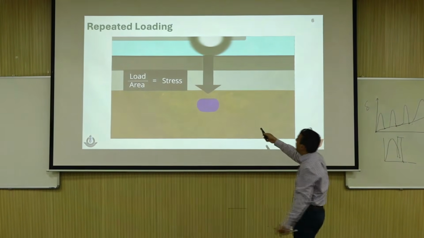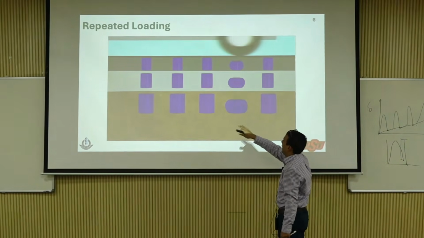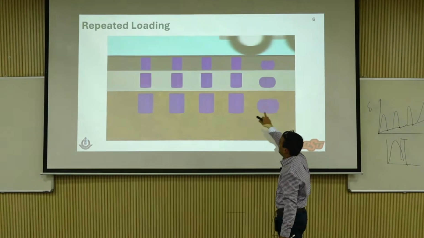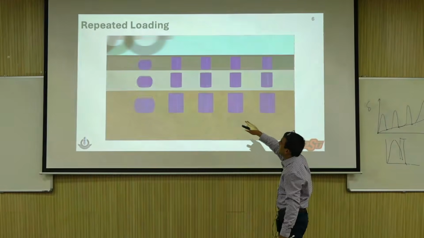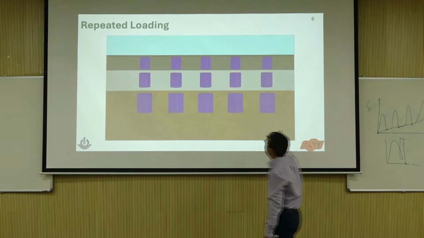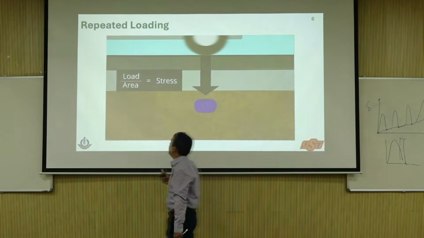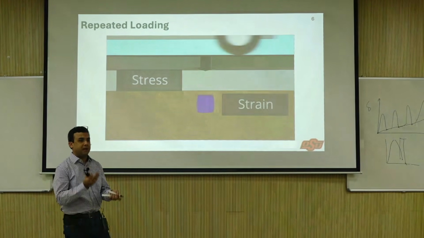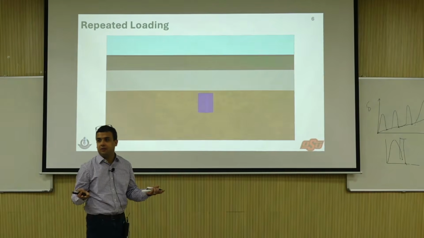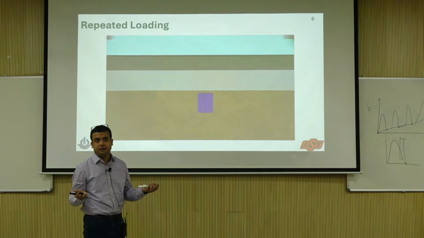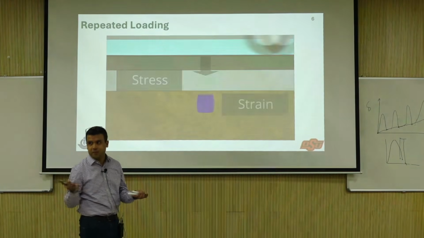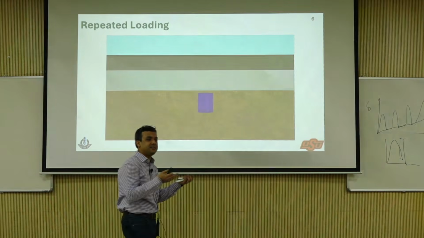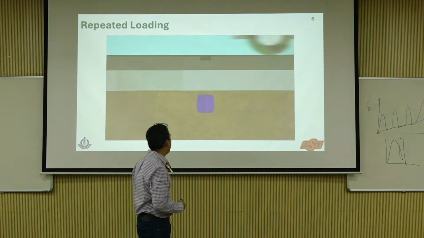So for any element, as the truck moves, your elements start deforming and then they start bouncing back. The whole idea is that it should be completely bouncing back when you're operating. Otherwise, you're having what? Rutting, permanent deformation, which manifests itself as rutting, right? You don't want that, right?